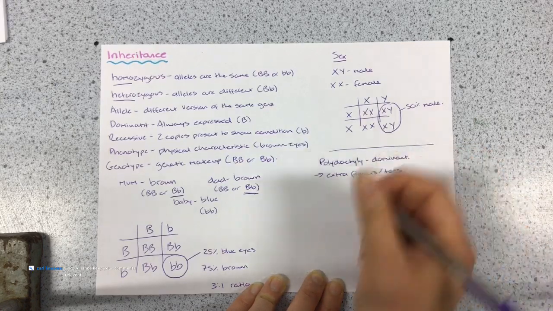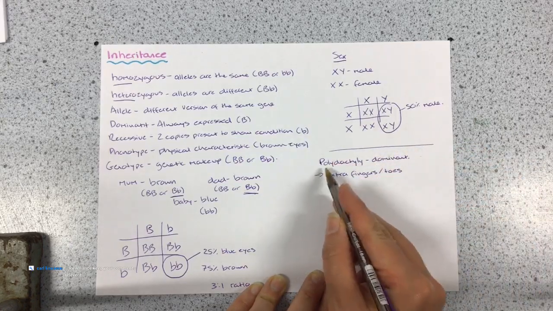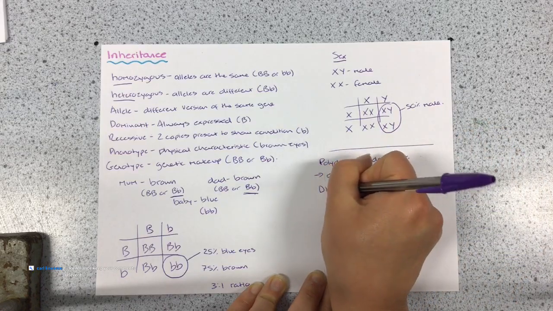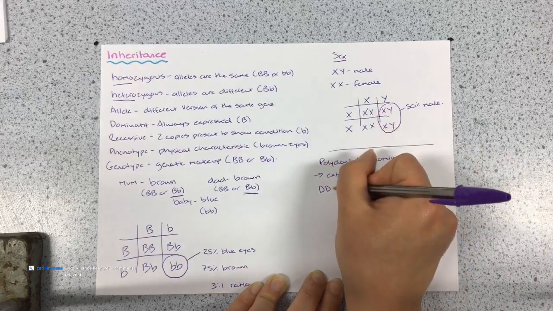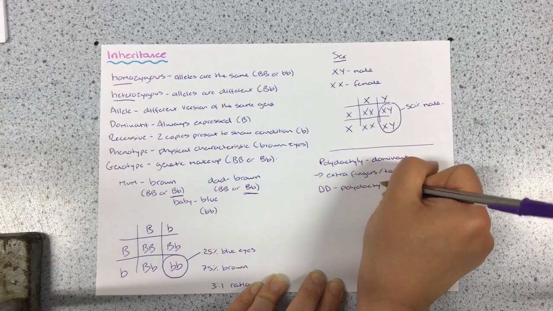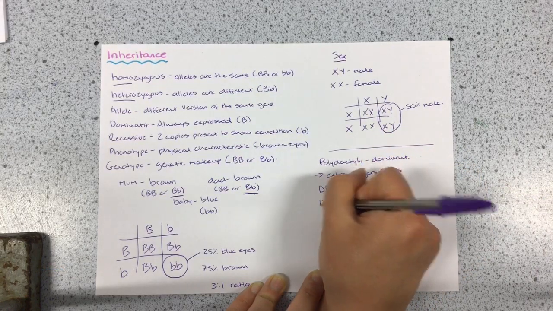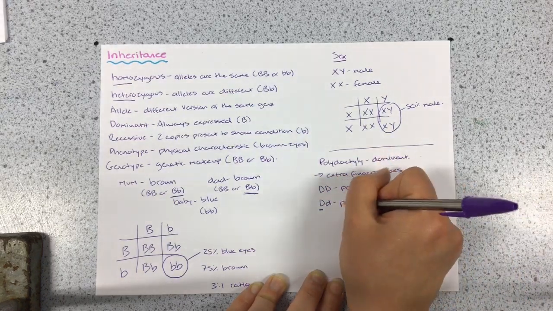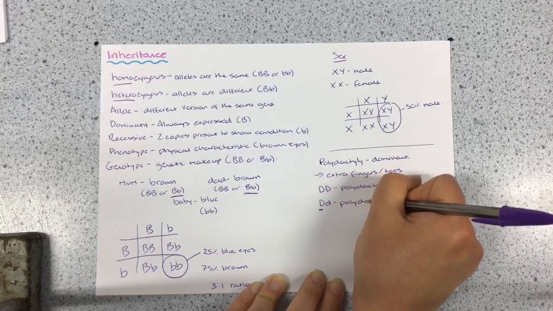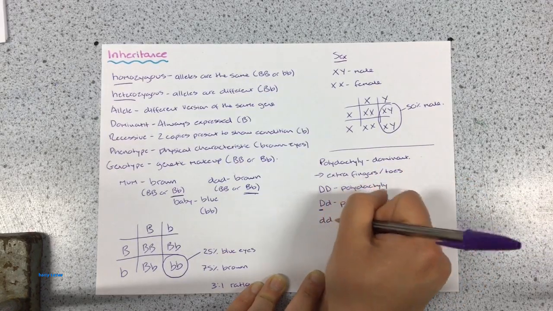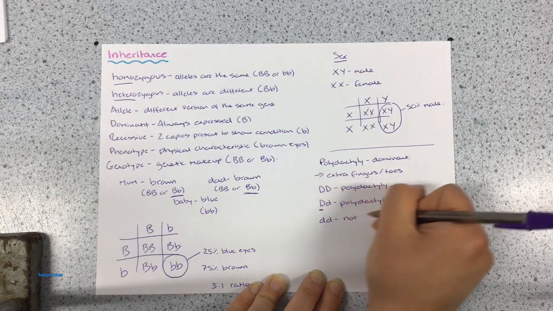So if a person, I'm not going to use P because P looks pretty much the same either case, I'm going to use a D. If a person was big D, they're going to have polydactyly. If a person was big D, little d, because they still carry that dominant allele, they're still going to have polydactyly. But if a person was two little d's, they would not have polydactyly.